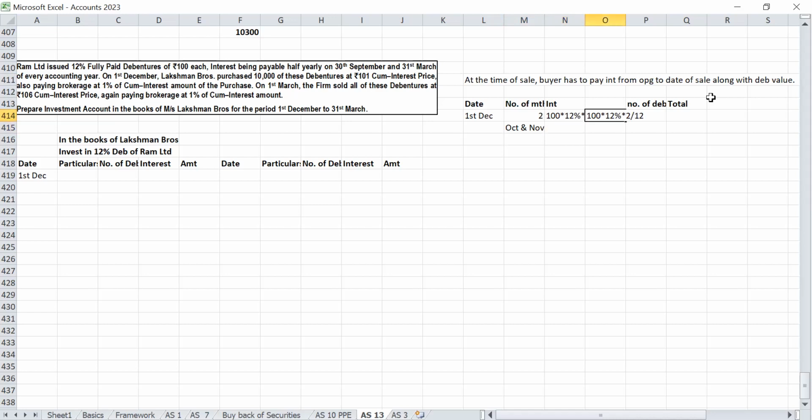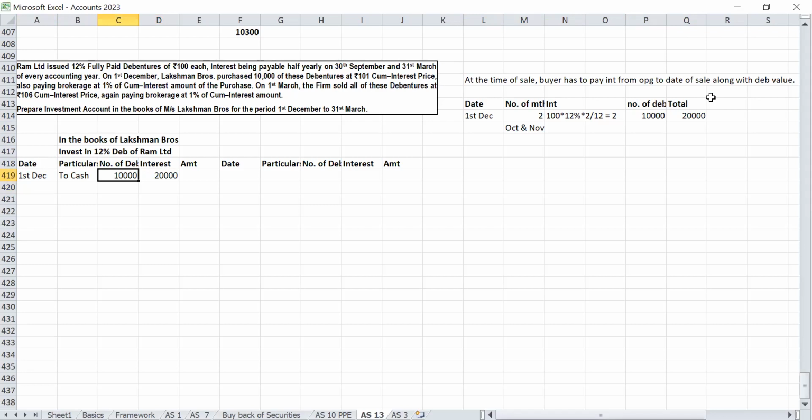So 2 rupees. Number of debentures 10,000, so total 10,000 into 2, which is 20,000 for the debentures.